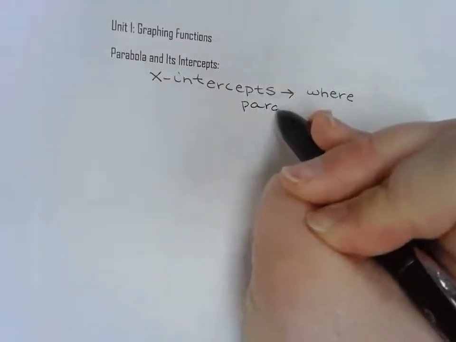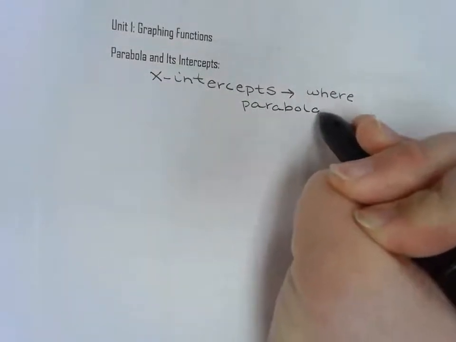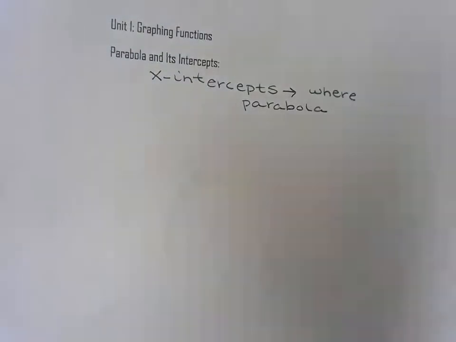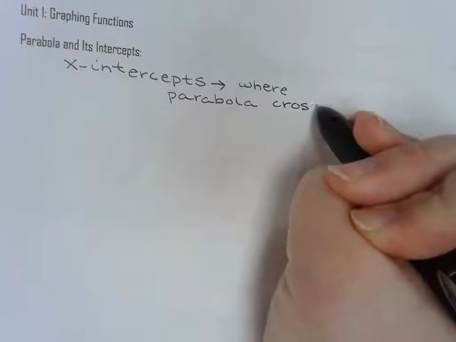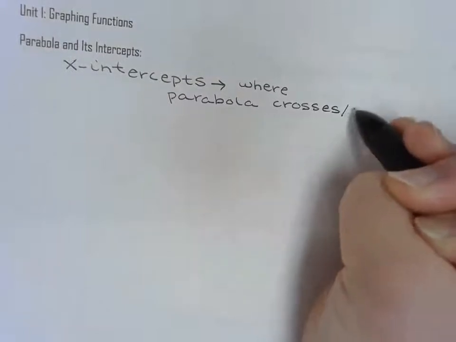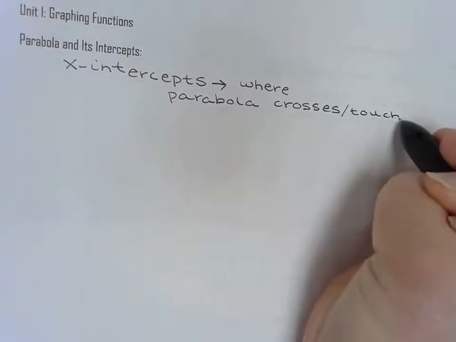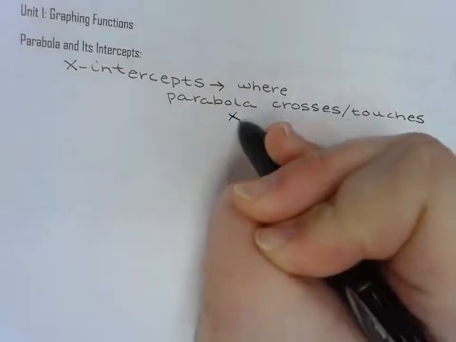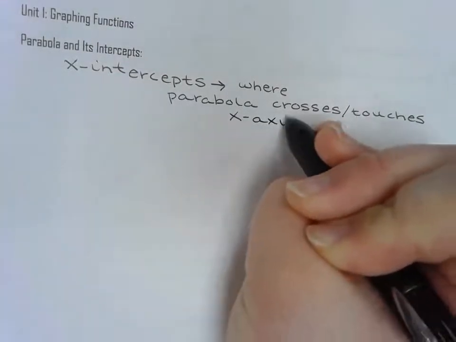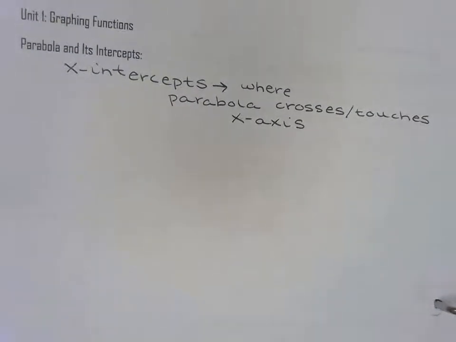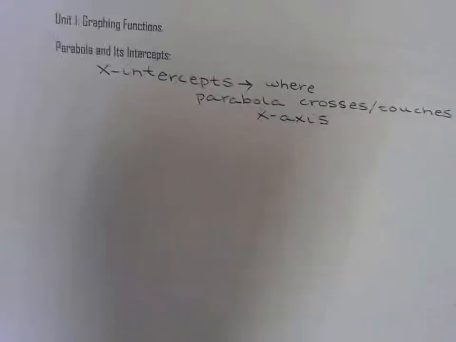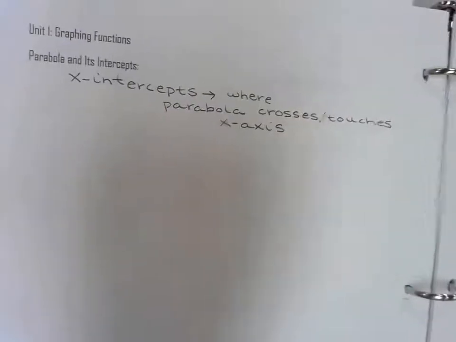Because we are talking about quadratics, instead of lines, I will have a parabola. So where the parabola crosses or touches the x-axis. And you treat it the exact same way we did when we were talking about x-intercepts with lines. It is where the parabola crosses or touches the x-axis. Now let's think about how many x-intercepts I can possibly have.